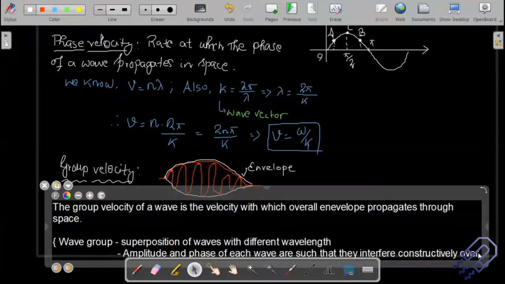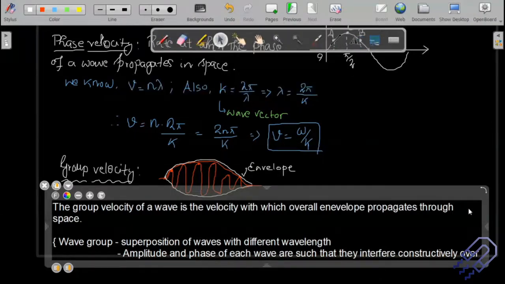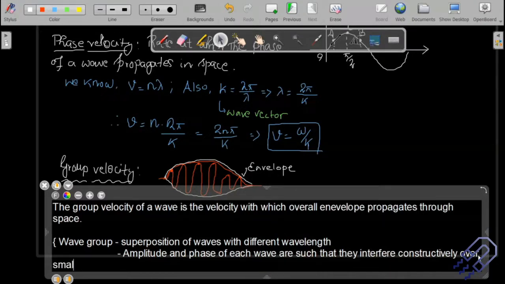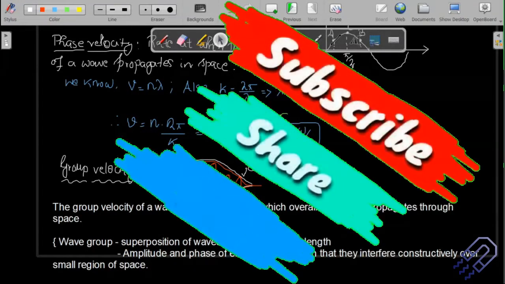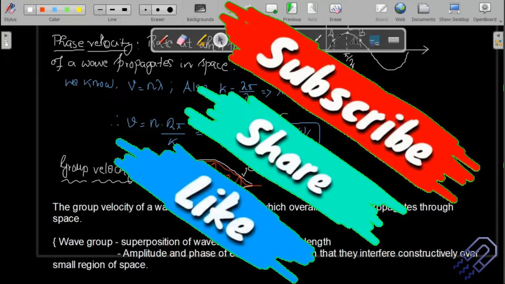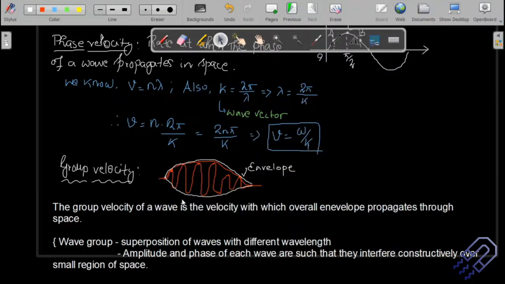It's not that they interfere constructively for a very long period of time, because that would have to be a perfect wave, and it's very difficult to achieve that. So constructively over a small region of space, they will interfere constructively, and I will have this form of wave. And as soon as we go to the other end where we have the nodes, the intensity becomes zero. So this is important. If we are talking about phase velocity and it has a relation like this, group velocity should also have a relation.